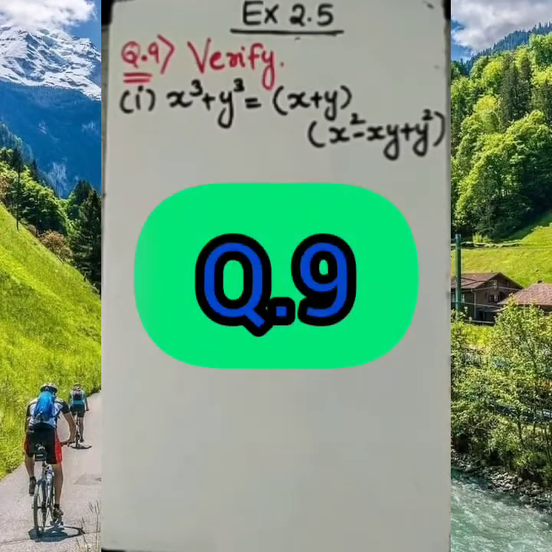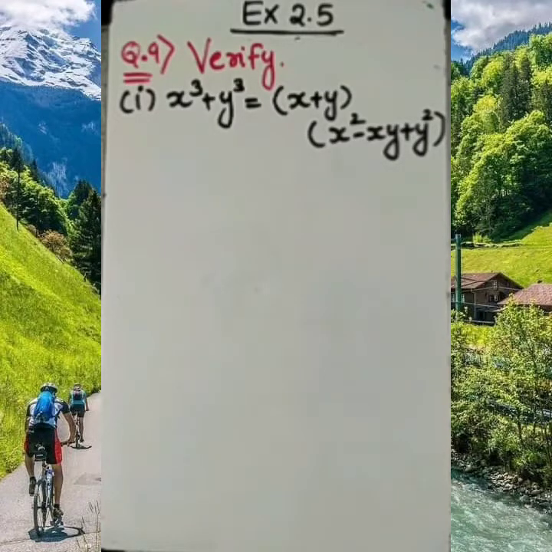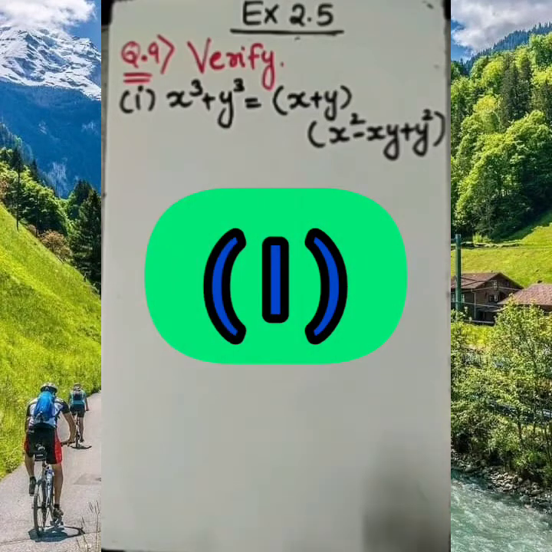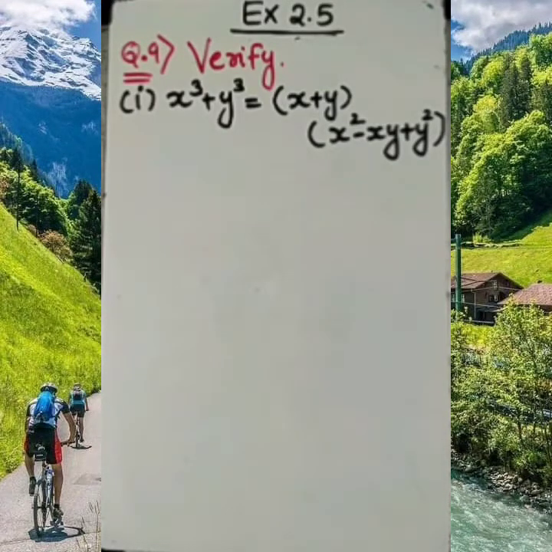So my dear student, here is question number 9 now. Verify. Which is quite easy for you. The first is x cube plus y cube equal to (x plus y)(x square minus xy plus y square).